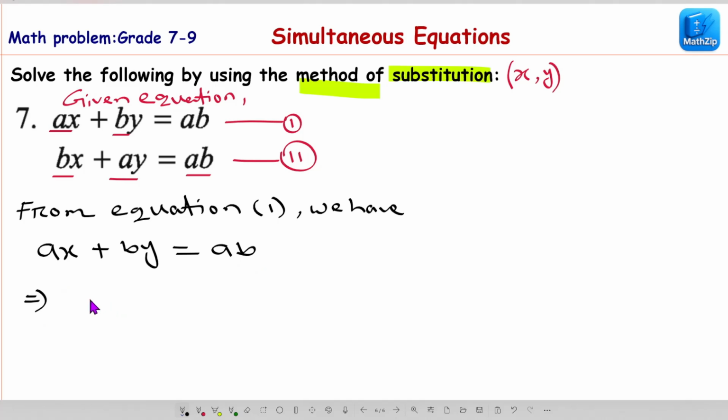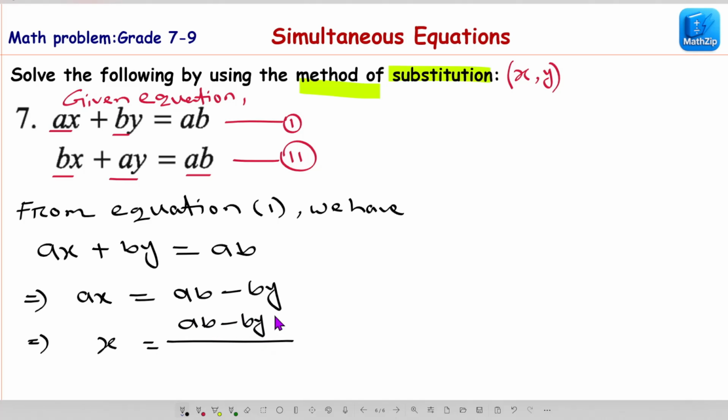This one we can write as ax equals ab minus by. Then we can divide both sides by what? a, right? So x equals ab minus by divided by a. This is equation 3.